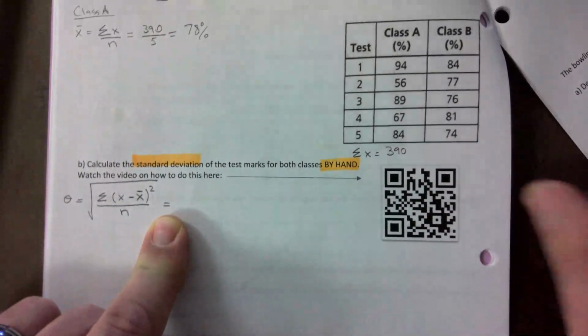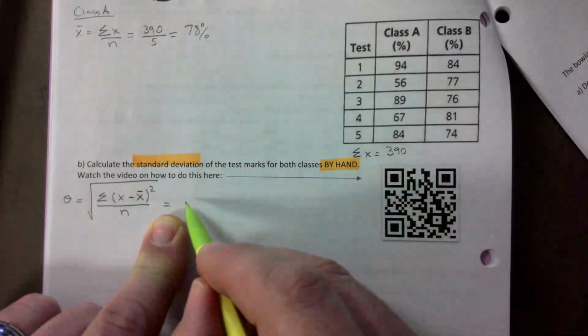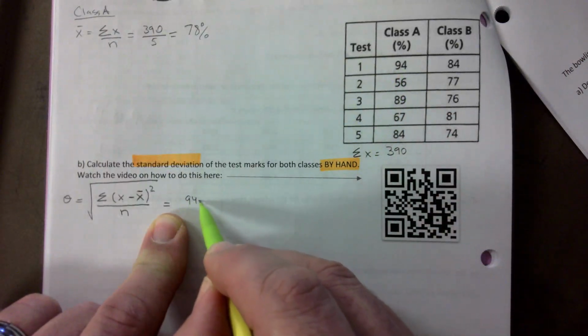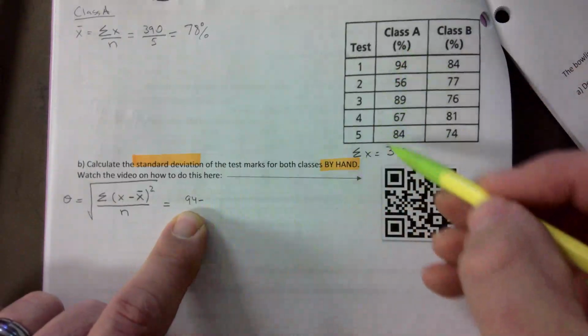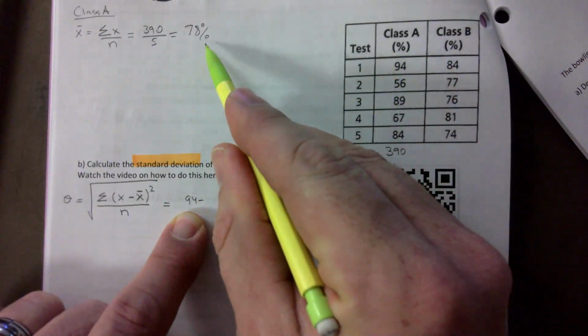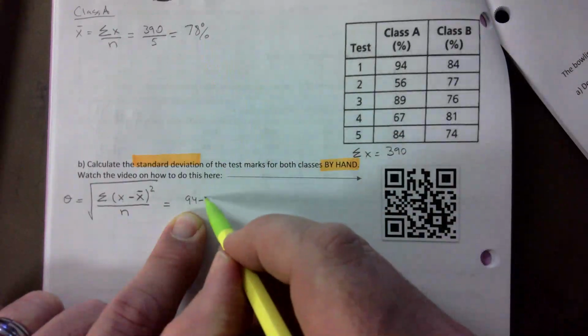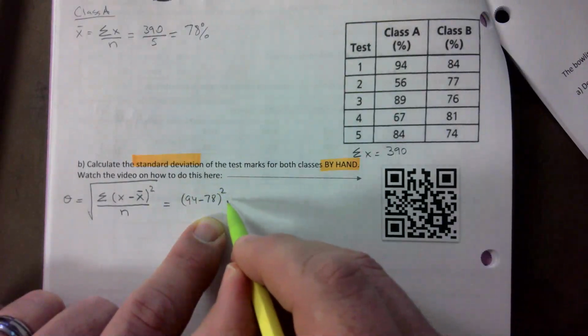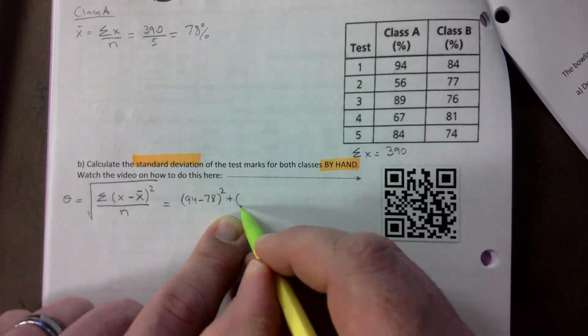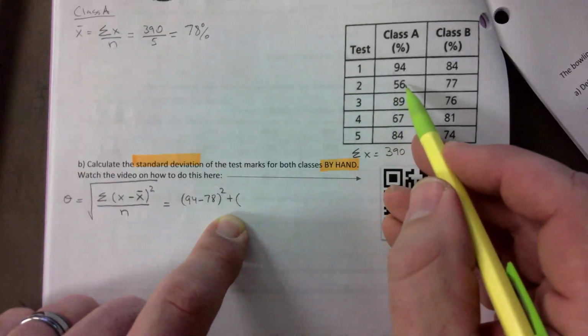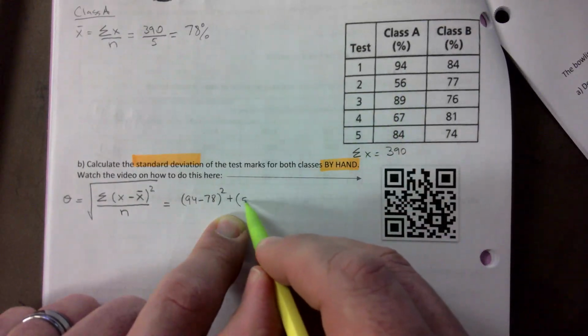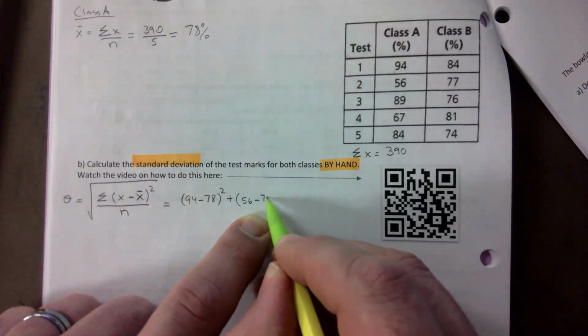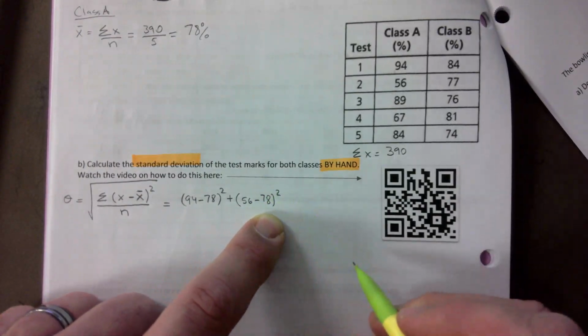The first test score, I'm just going to bring this up here. The first test score is 94, correct? So you go 94 minus what is the average for this set right here. I've already determined that. That's 78, correct? So you go 94 minus 78, and we square that. Plus, what's your next value in the list? It's 56, correct? So you go 56 minus 78 squared.